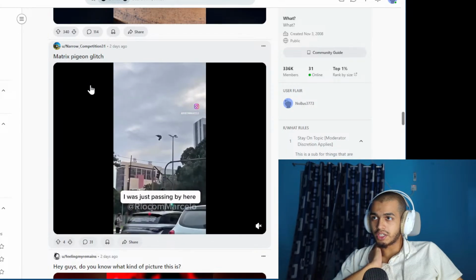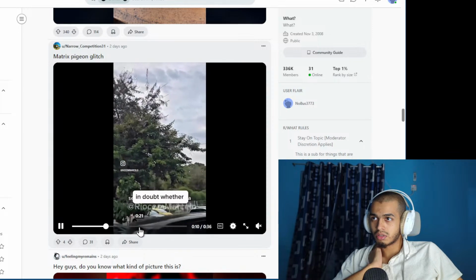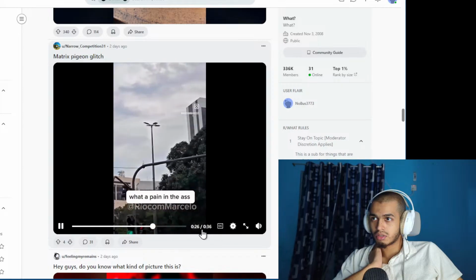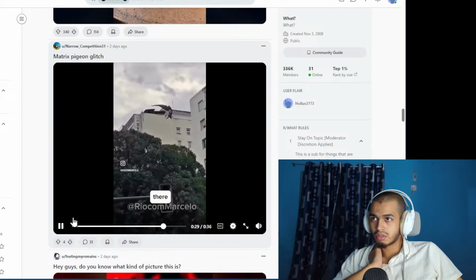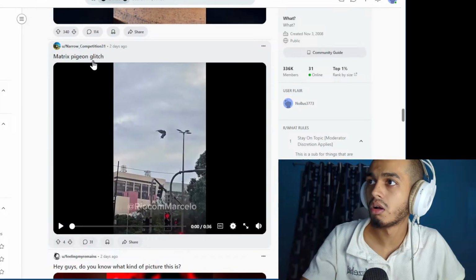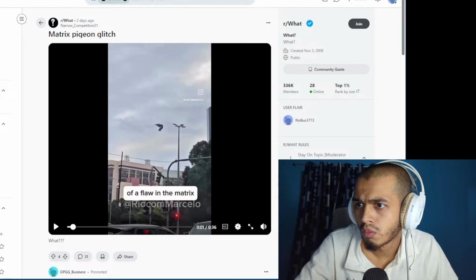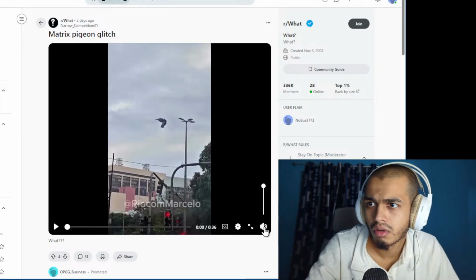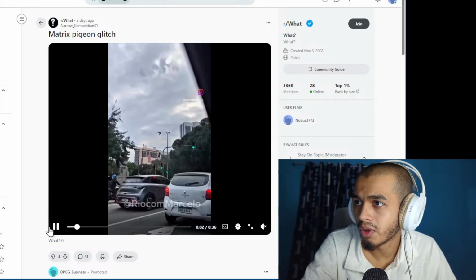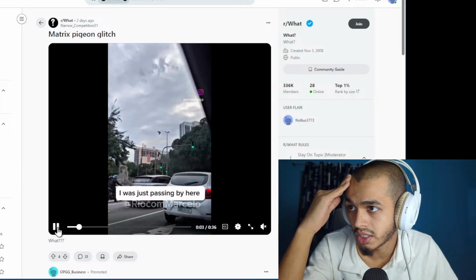Matrix pigeon glitch. Bug da Matrix. Could this pigeon be proof of a flaw in the matrix? I was just passing by here.